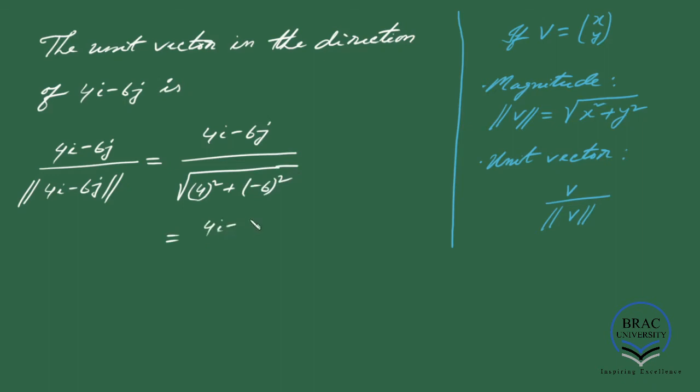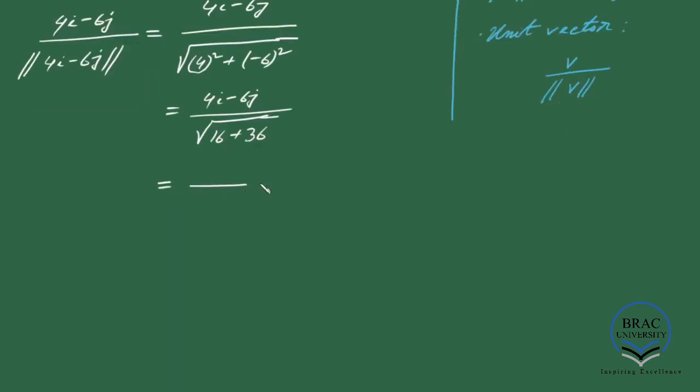That gives us 4i minus 6j divided by the square root of 4 squared, 16, and negative 6 squared gives you 36, which is going to be equal to 4i minus 6j over the square root of 52. Great. Now we can write this square root of 52 as the square root of 4 times 13.